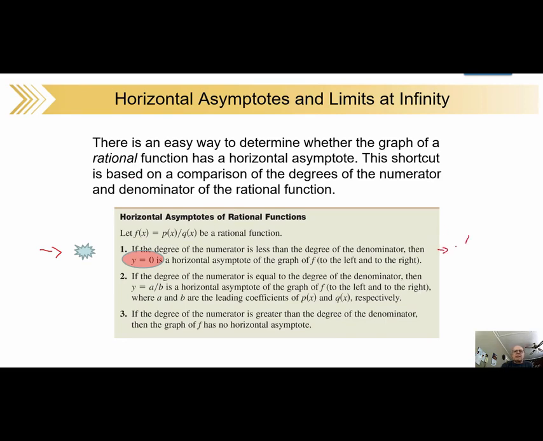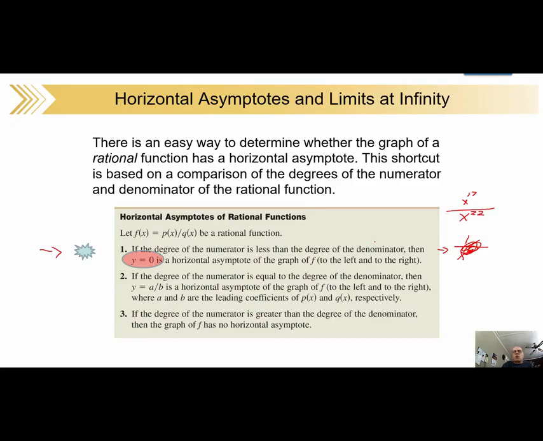This means, we'll just put a number up there. Doesn't matter what it is. If you've got something here that has a bigger degree here than it does up there. So let's suppose we've got x to the 17th here and x to the 22nd there.